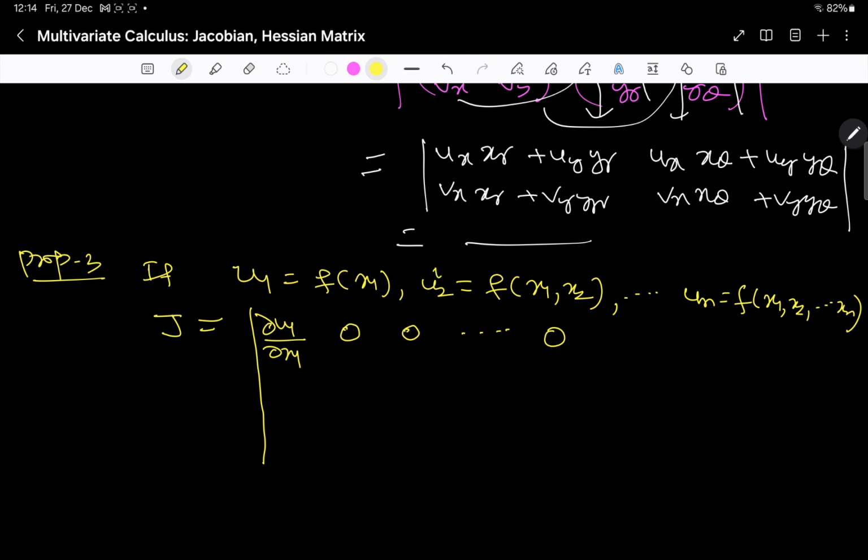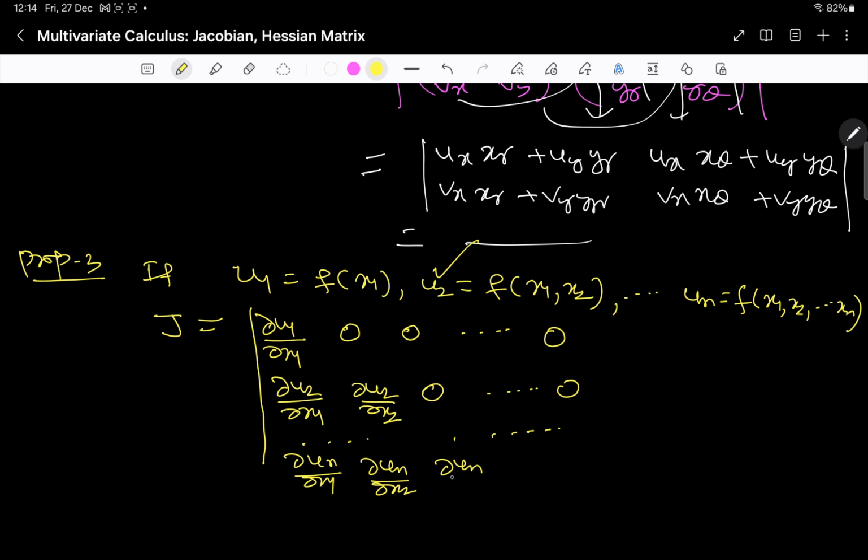Coming to u2, del u2 by del x1, del u2 by del x2, and with respect to x3 0, and so on. If we continue, it will be del un by del x1, del un by del x2, del un by del x3, and so on up to del un by del xn.